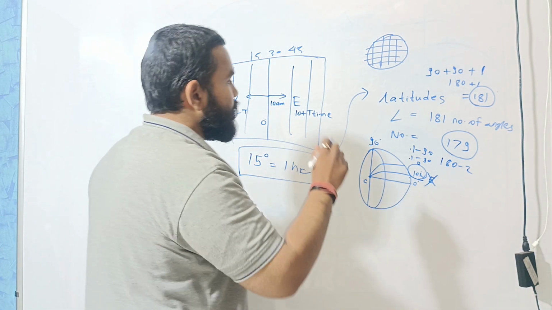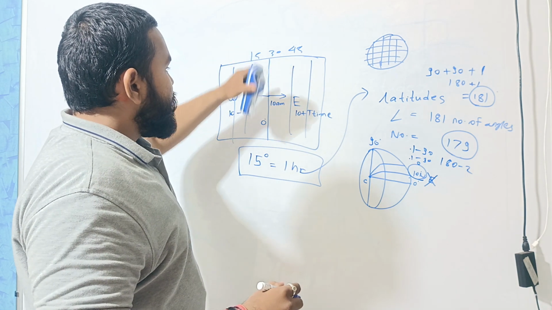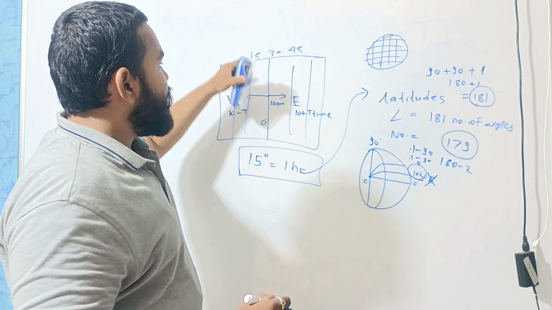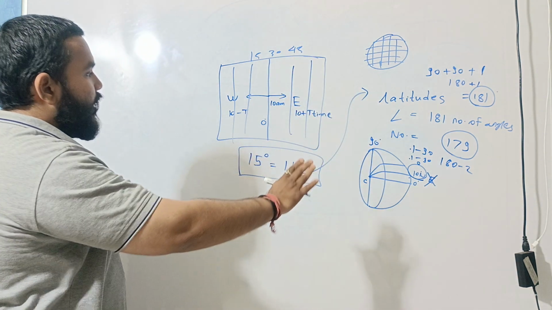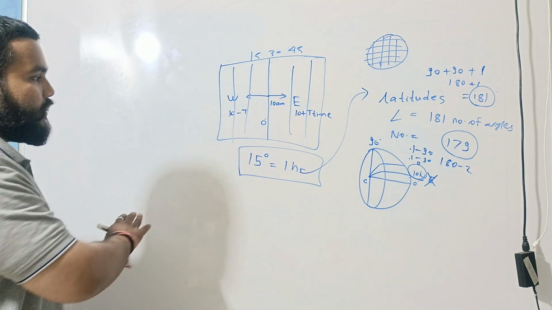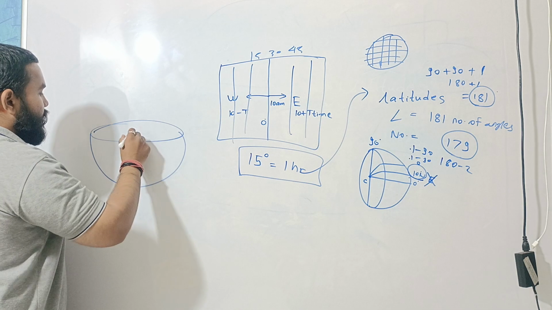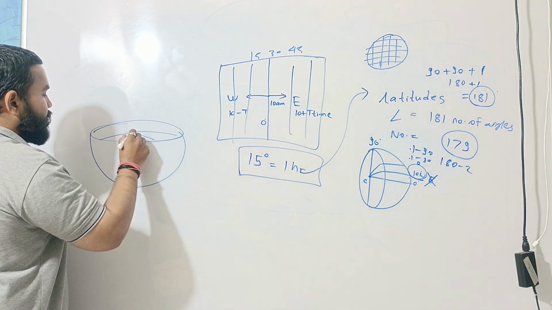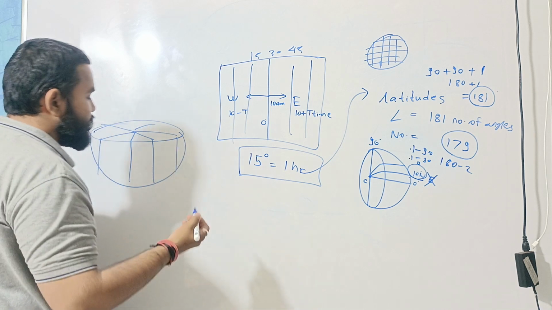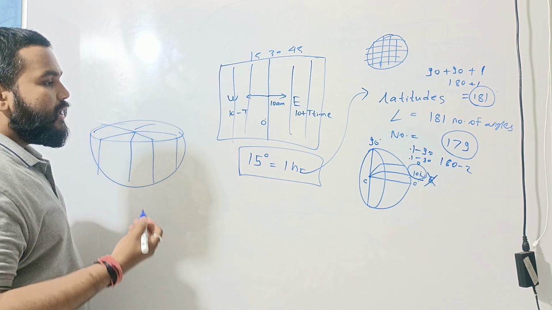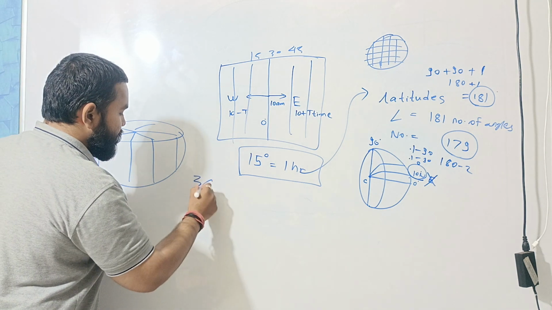I have to calculate longitude also, because time is figured out with the help of longitude, not latitude. So just keep the latitude part aside. I'm calculating longitudes here. So how many are there in this figure of the Earth? 360 simply.